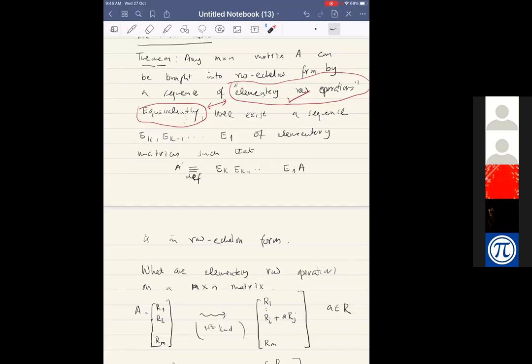Okay. Now, the other thing you need to remember is that no uniqueness is being claimed.